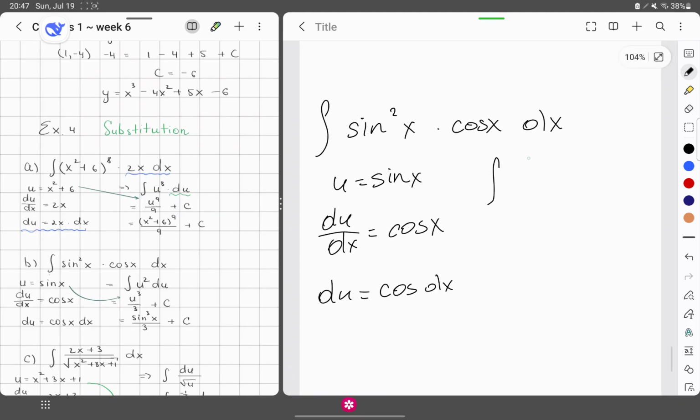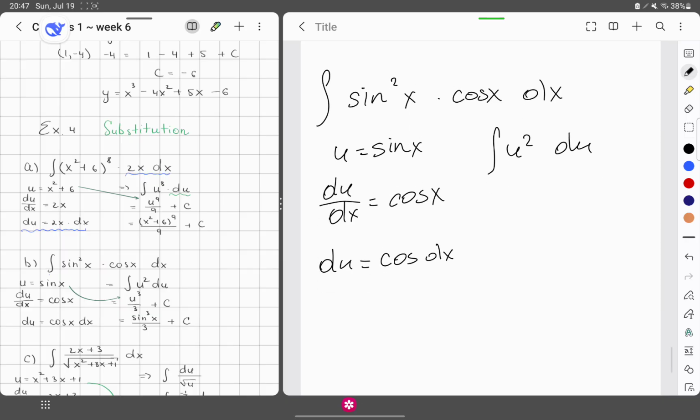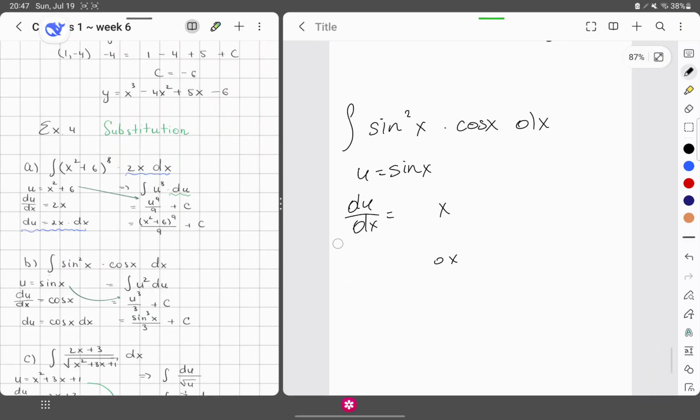So sine will be u squared, and cosine x dx will be du. Okay, I get it, but if we did cosine, the derivative of cosine will be negative sine x. So it will be negative sine x squared.